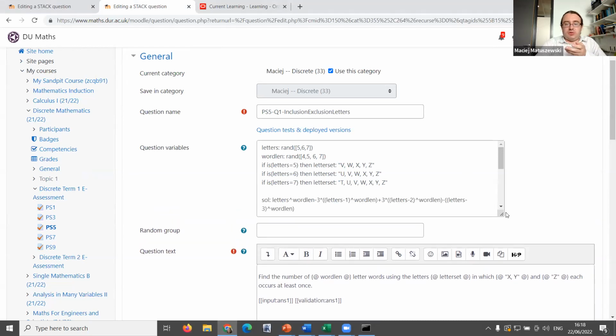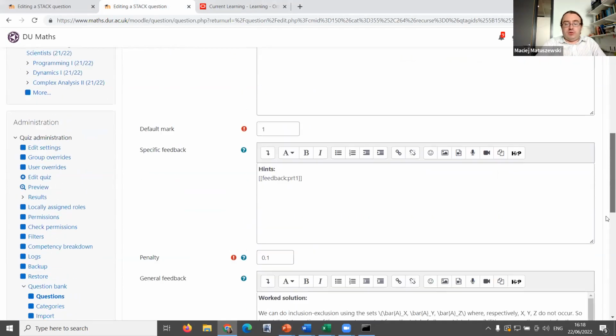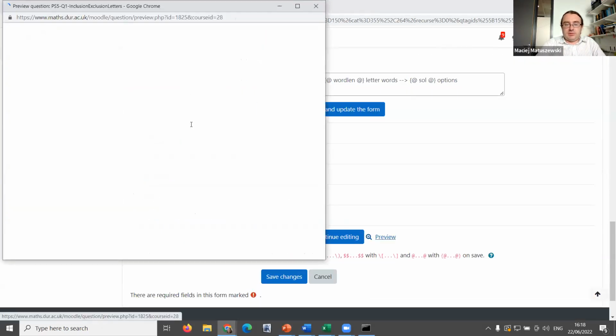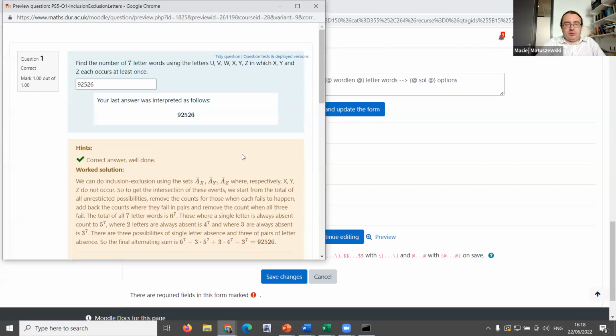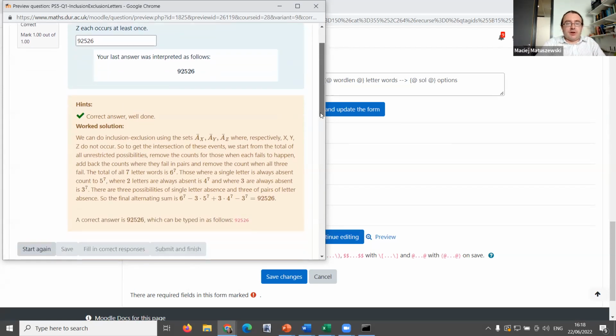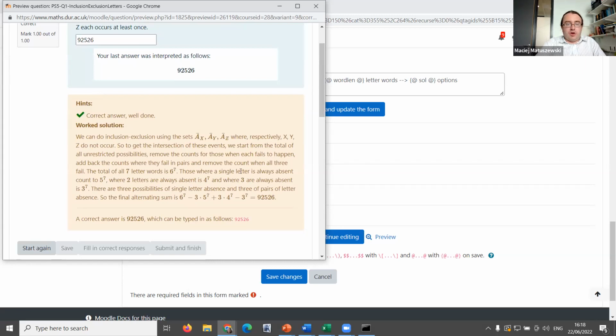Students were asked about words with different letters, so we're able to randomize the number of letters and the length of the word the students were looking at. And likewise, students were able to get some feedback, and after the homework deadline passed, a full worked solution.